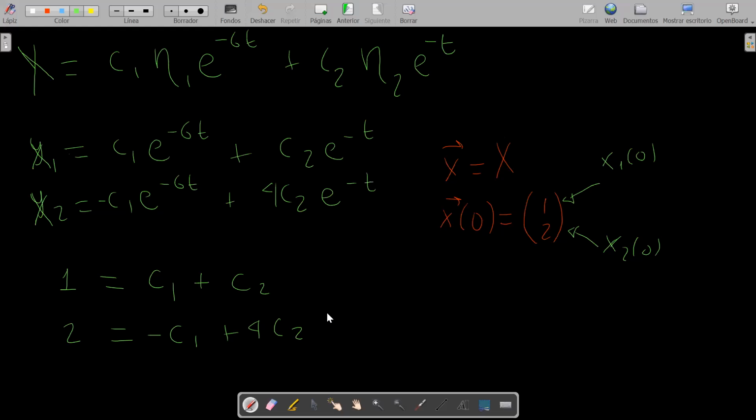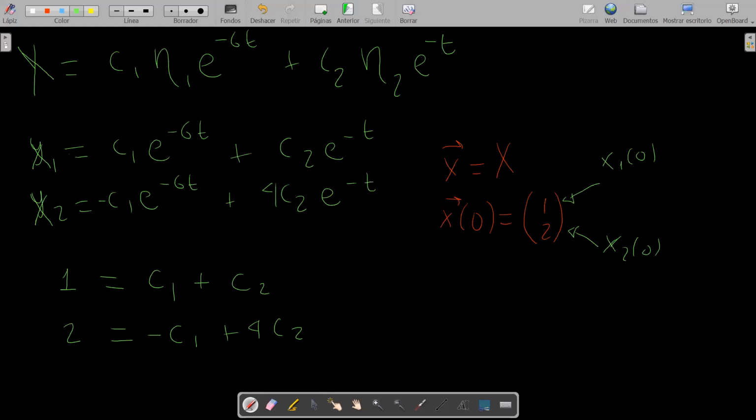Okay, now we need to solve this system of equations in order to find the value for the constants.